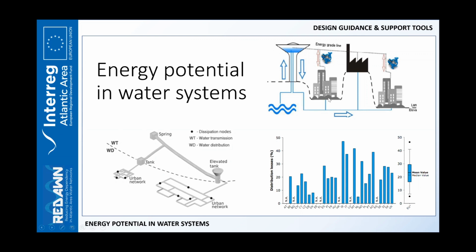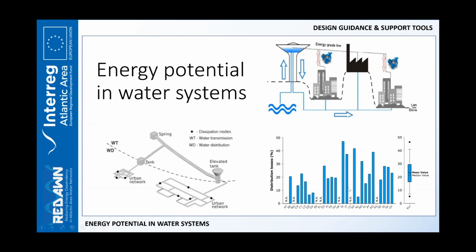And then there are a lot of dissipations during the path of water, because they are needed for the sake of reducing the leakage of the network.